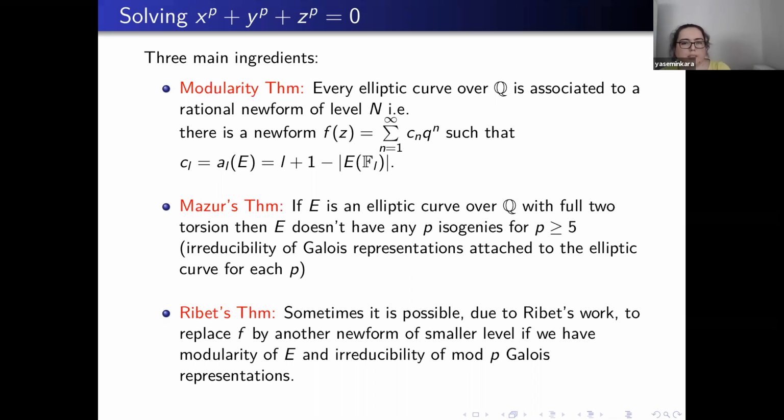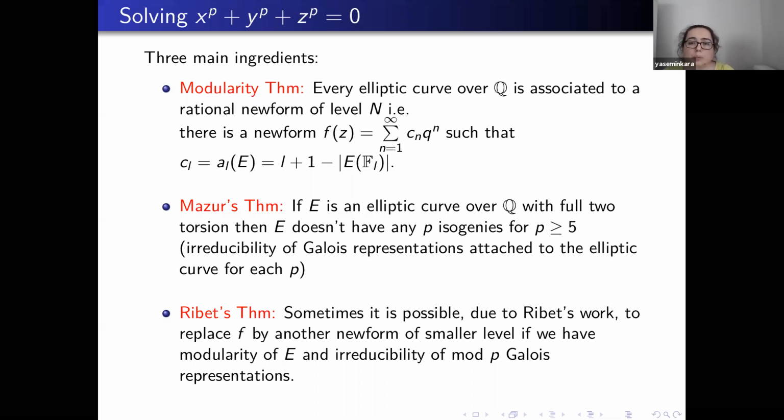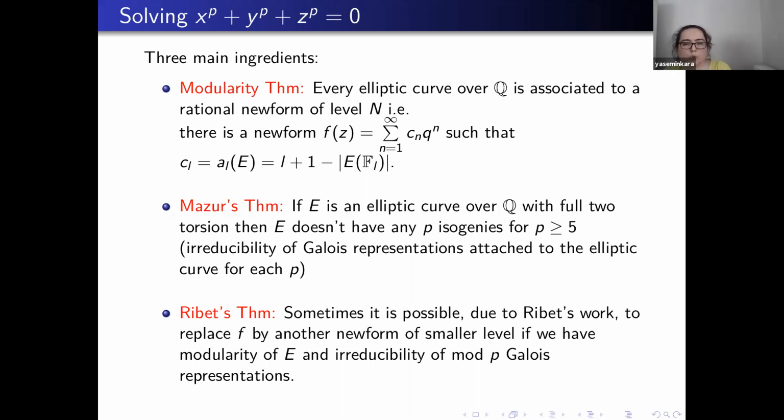The modularity theorem says that every elliptic curve over the rationals is associated to a rational newform of level N. That means, in other words, there is a newform which we can represent by a series such that the coefficients of this newform, remember the definition of this a_l, that was by definition l plus 1 minus the number of points of the elliptic curve over F_l, but here l is a prime, c_l is equal to a_l(E) for all primes except finitely many.